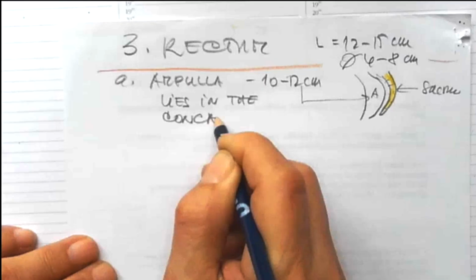Then as we said several times, there is a Kohlrausch valve. It's quite clear. And the second part is the anal canal, which is much shorter, 2.5 to 3.5 centimeters, also narrow.